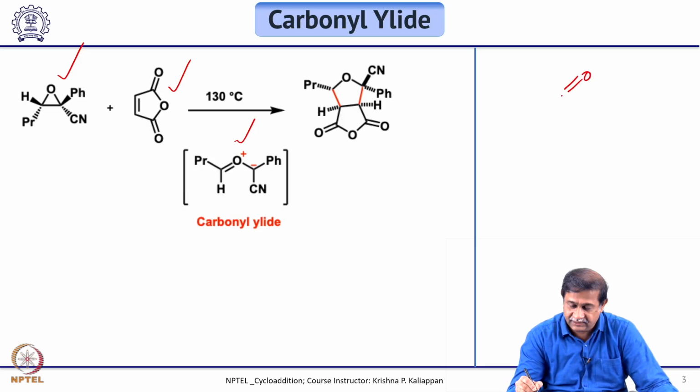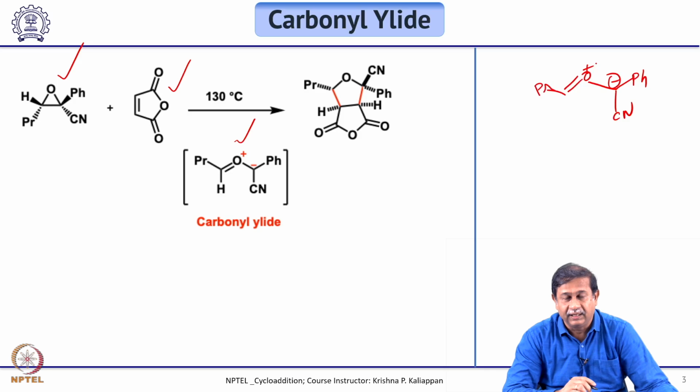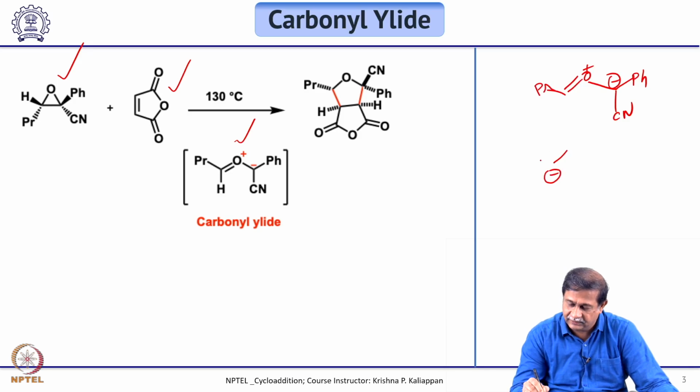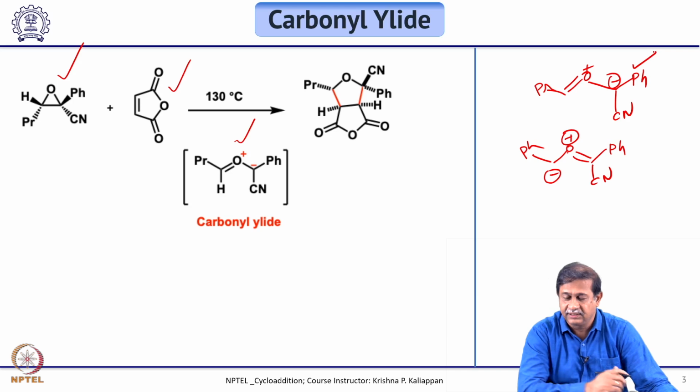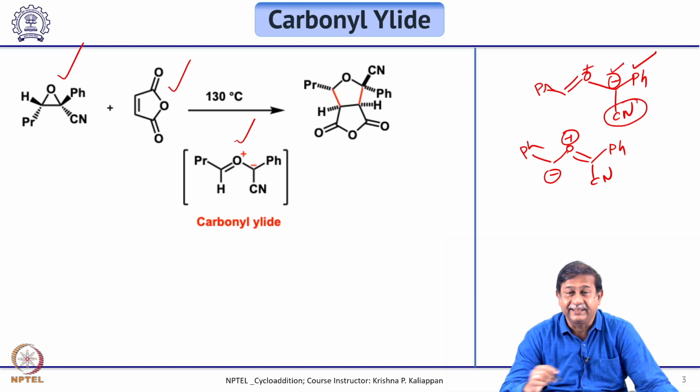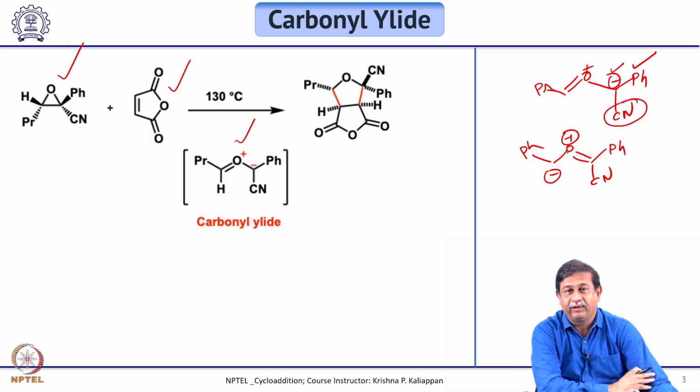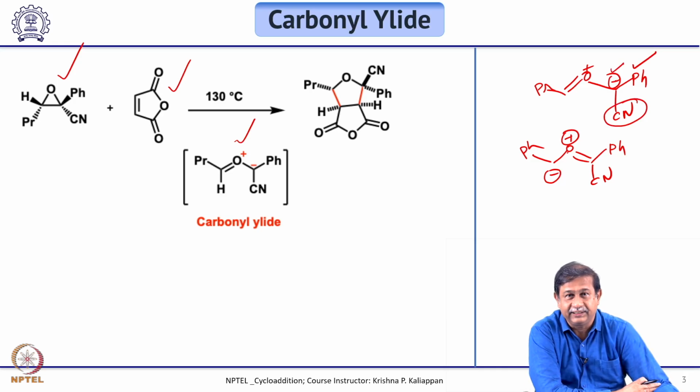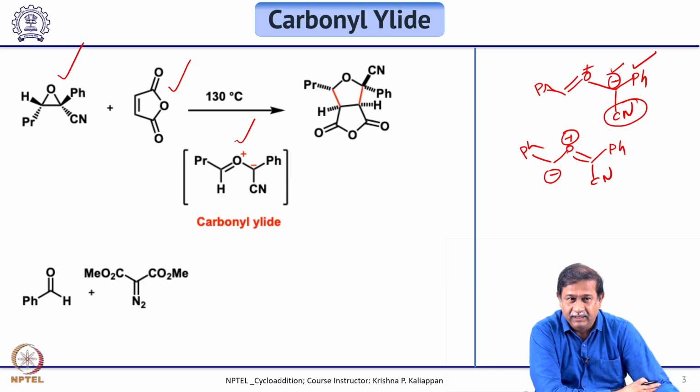One possibility is one, the other possibility is the other, but this is more favored mainly because the negative charge here is stabilized by the cyanide group. That is why the heterolytic cleavage takes place in such a way that the negative charge goes to the carbon bearing the electron withdrawing cyanide.